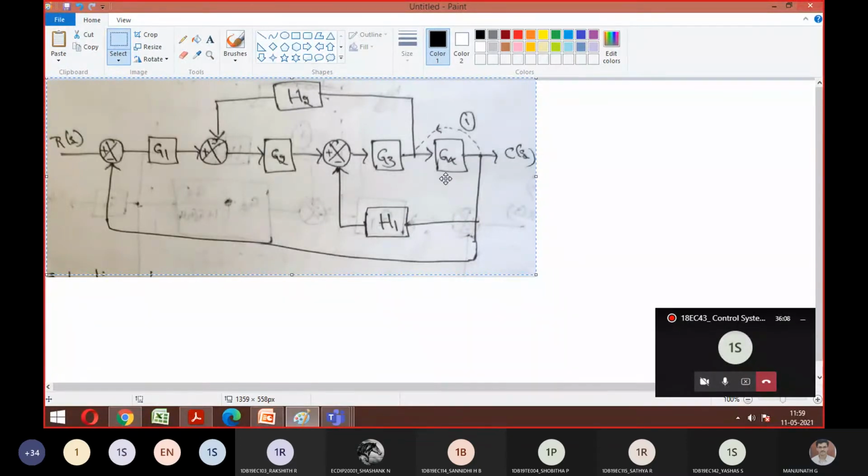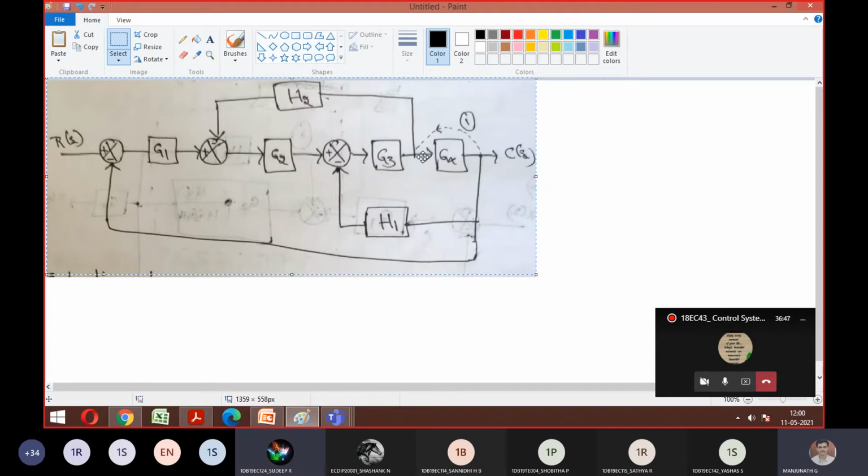So now tell me, if I move this point here, so it means this H1 is coming here, then what should I multiply with? What is behind? I think you people have forgotten the block diagram concept already. I have given the hint that you have to move this here.